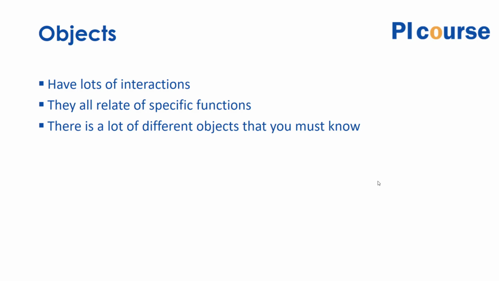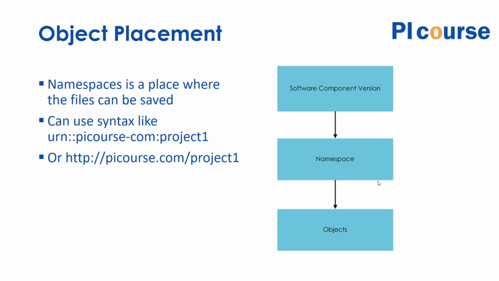So there are a lot of objects that we are going to cover, and they interact and relate to each other in specific formats. And you must know what they are and how they relate to each other. So first off, we will look at object placement. We'll cover this in more detail later.